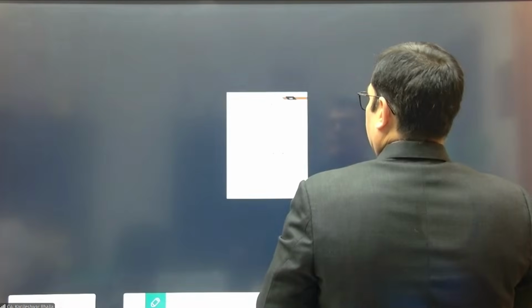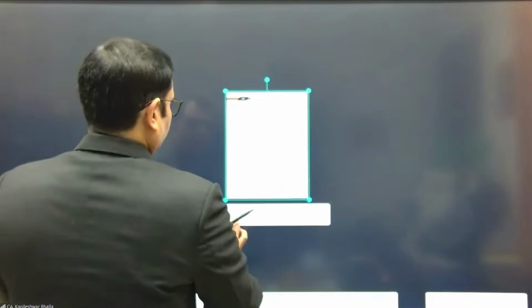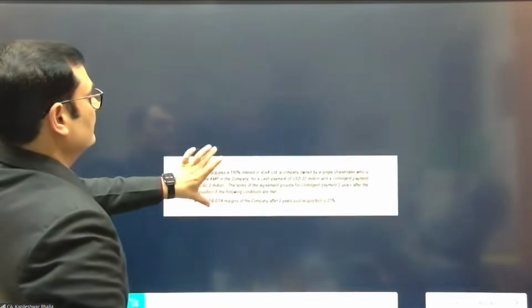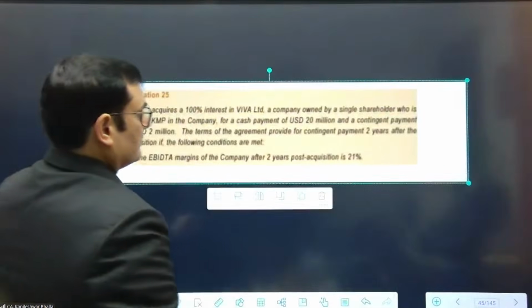Yes, there is now an interesting question coming in. Illustration number 25 in the study material. So I'm taking you to illustration number 25 in the study mat. This continues on the next page, and I'll just crop it a bit.